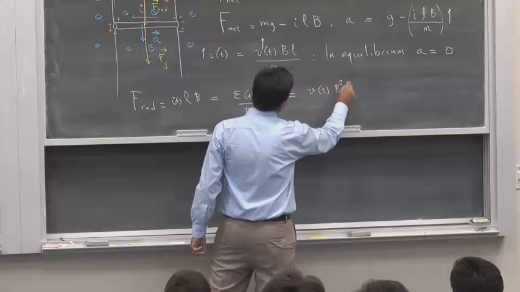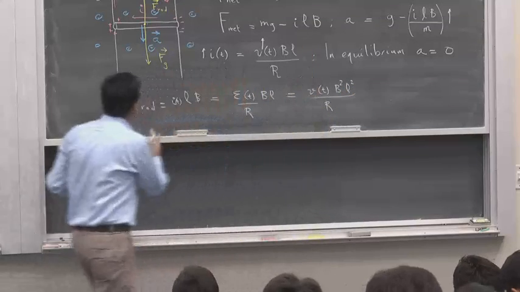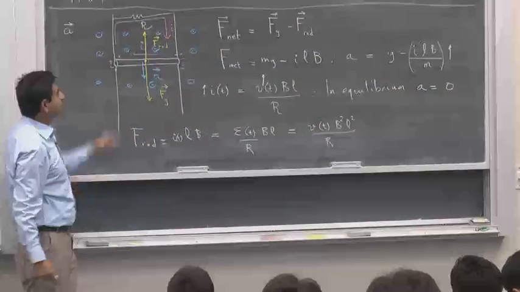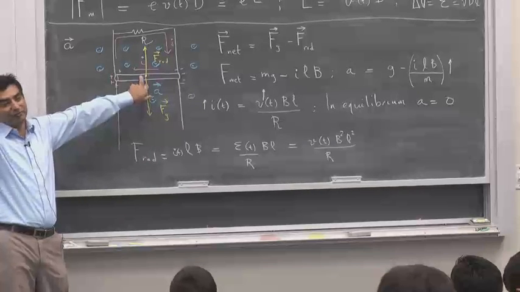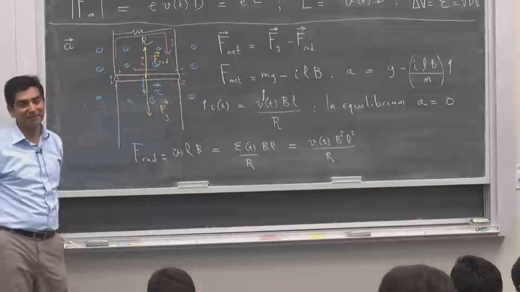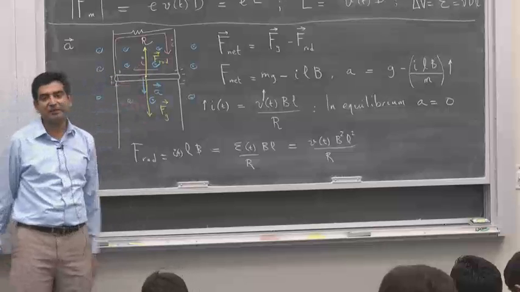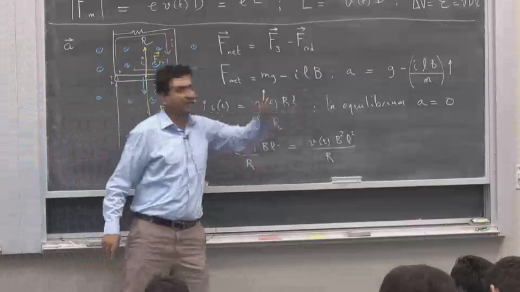So the force is B squared L squared v over R. Now, when the speed goes up, this force on the rod goes up. Initially, when everything was at rest, there was no upward force on the rod. But this force is going to build up with time as the speed goes up. Eventually, these forces will become equal. And when this becomes equal, the acceleration would become zero.